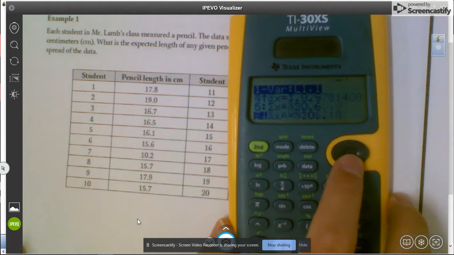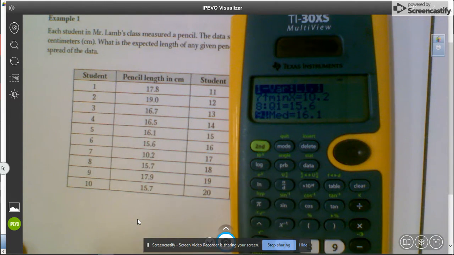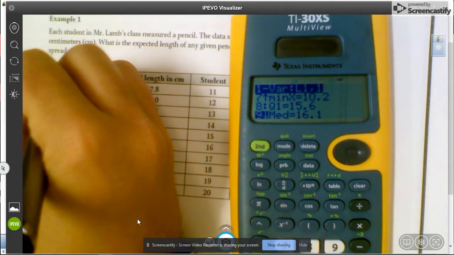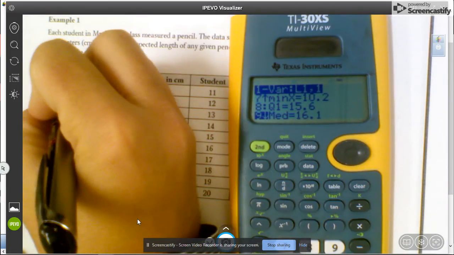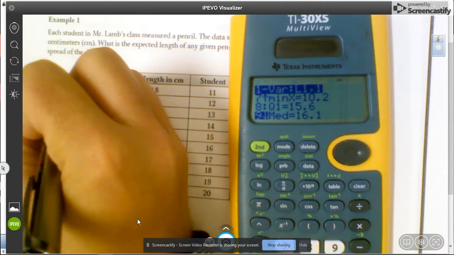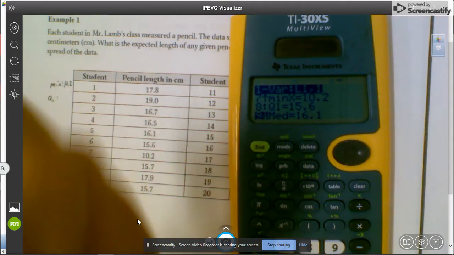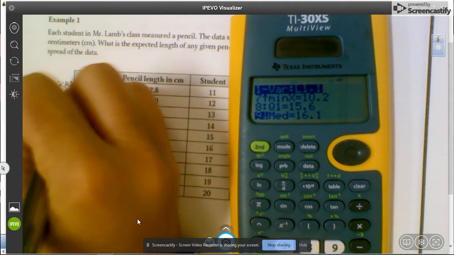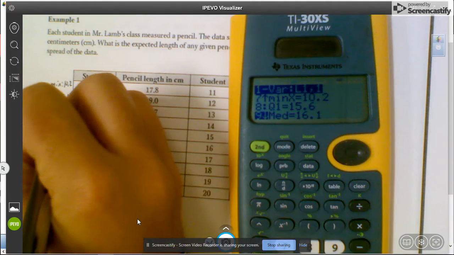So here we go. We're going to write down some of these other numbers. We'll write down the minimum. The min is 10.2. Q1, which is going to be very important, is 15.6. The median is 16.1.